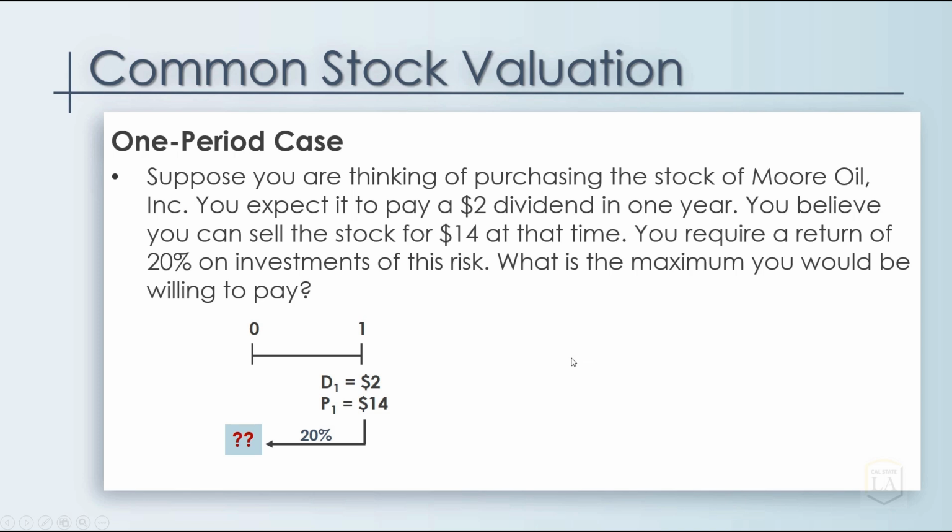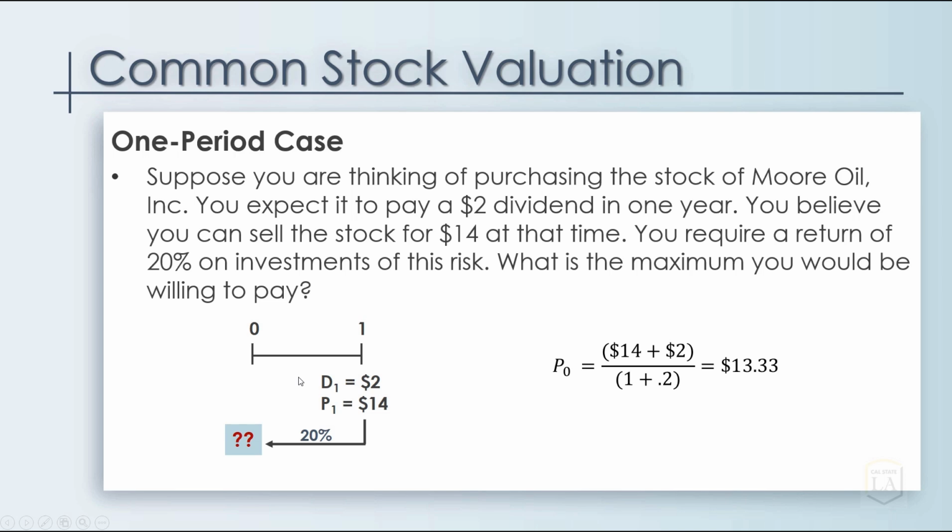So let's do the calculation, which is very simple. I'm just going to use the formula for now. 14 plus 2, which is expected in 1 year, you take the present value of it by discounting at 1 plus the discount rate of 20%. And the price is going to be $13.33, okay? So the maximum price you're willing to pay, or the stock price, is $13.33.